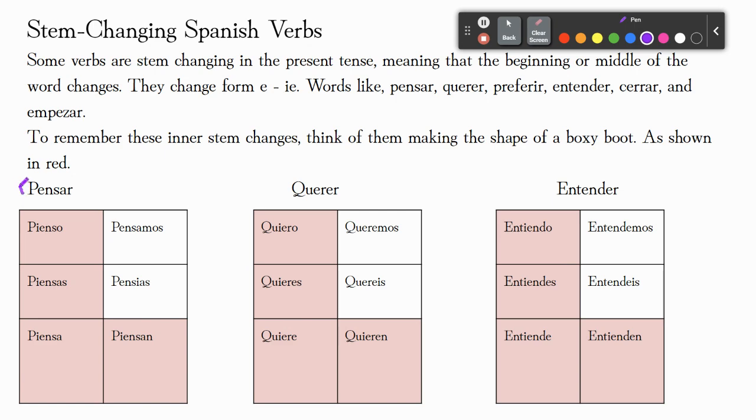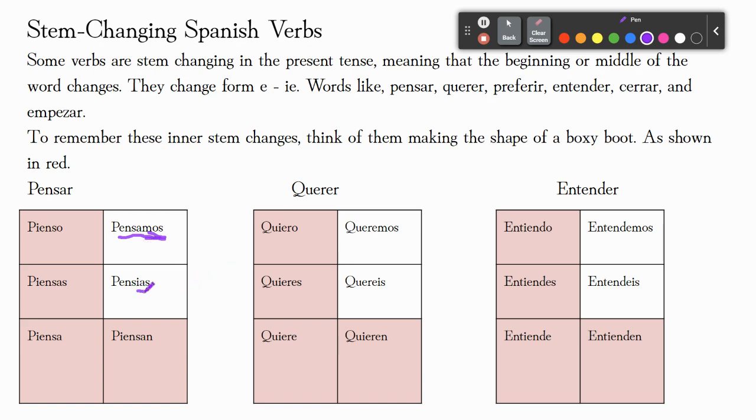So, pensar means to think or to plan. The yo form is pienso, which changes. The tú form is piensas. The él, ella, usted form is piensa. We have the nosotros form, which ends in MOS, the same pattern as the other verbs: pensamos.